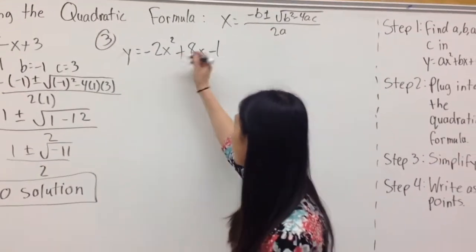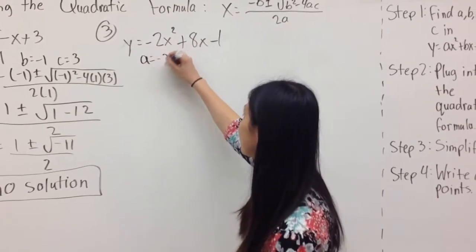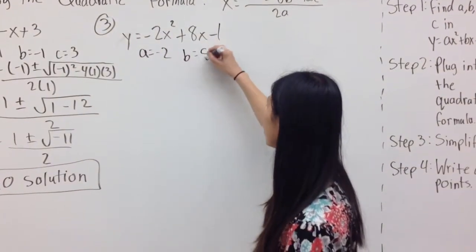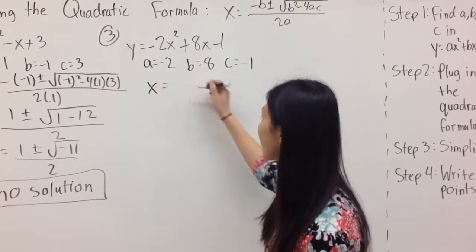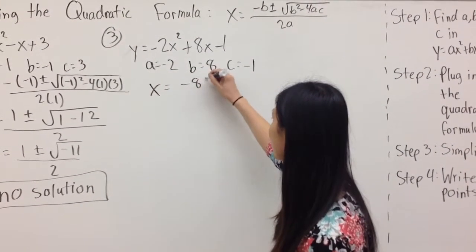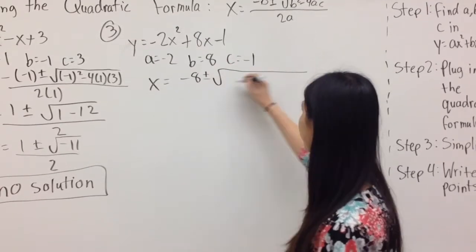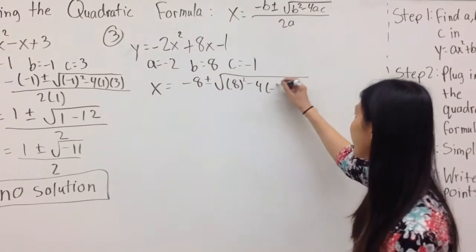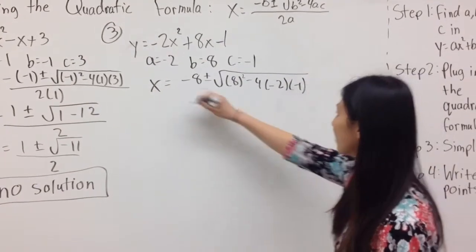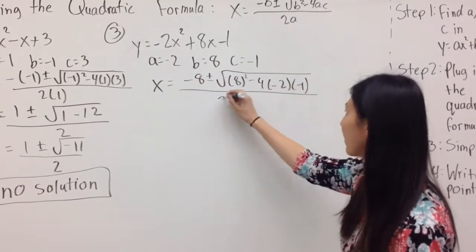So we have a is negative 2, b is 8, c is negative 1, and we plug in. x equals negative b plus or minus the square root of b squared minus 4 times a times c, all over 2a.